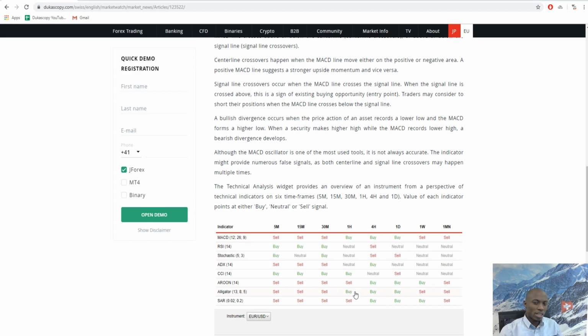These are the traditional configuration of the MACD. You can easily configure it yourself, whatever you think is comfortable for you. But this is the traditional setting, and I would advise you to always leave the traditional setting the way it is. So let's continue.